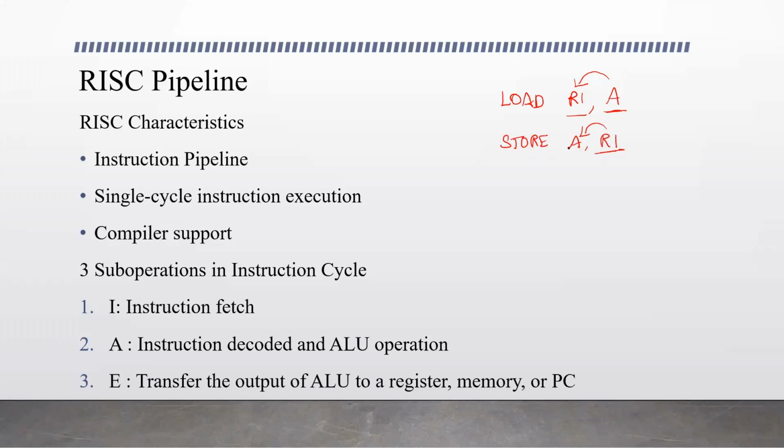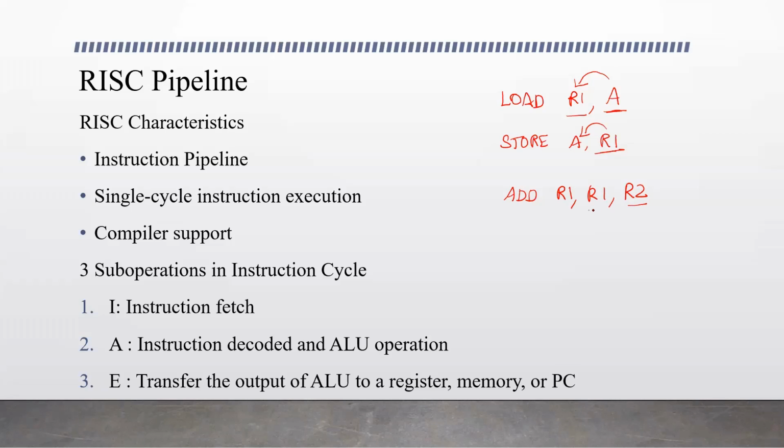And data manipulation instructions cannot have memory access. Because of this reduced instruction set architecture, data manipulation instructions cannot have memory references. If there is an instruction add that performs addition of two data elements, it can be performed only on registers. The data needs to be transferred to registers first. So the syntax would be add R1, R1, R2.